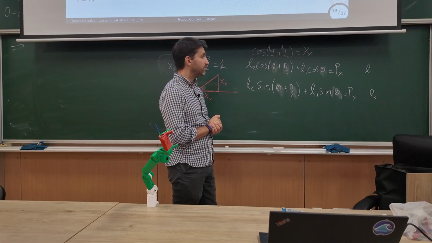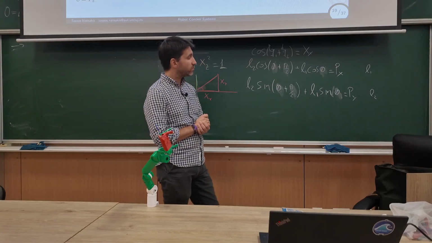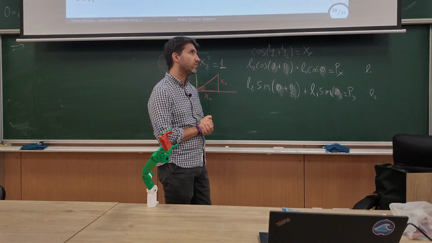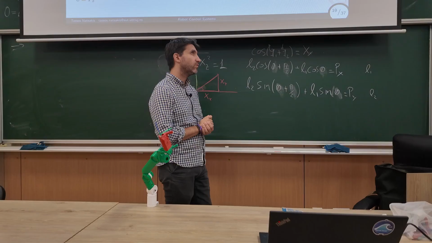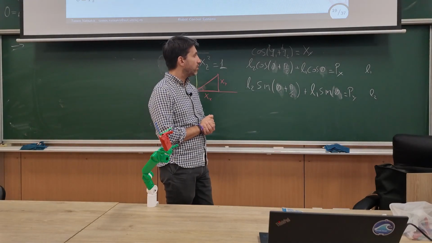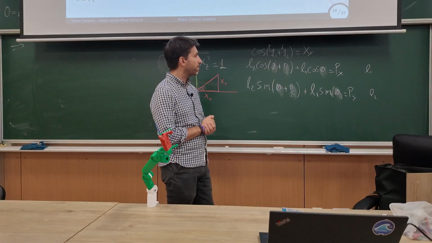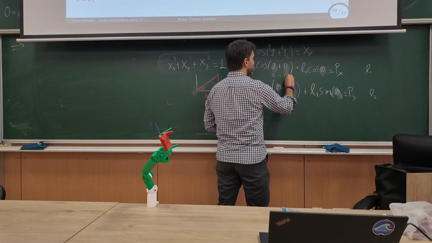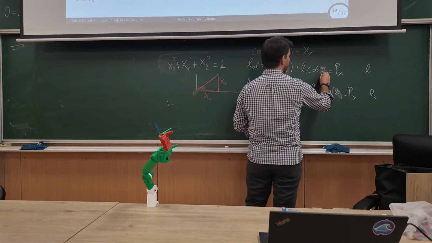If we use pi minus pi over 2. So pi minus pi over 2. So this will be pi.